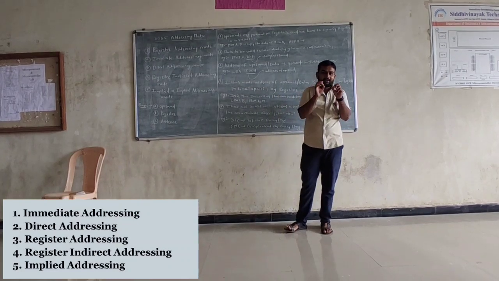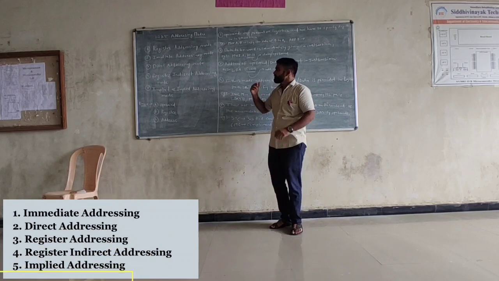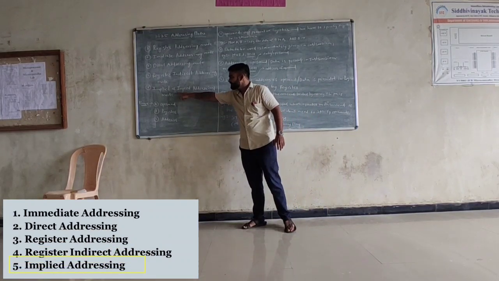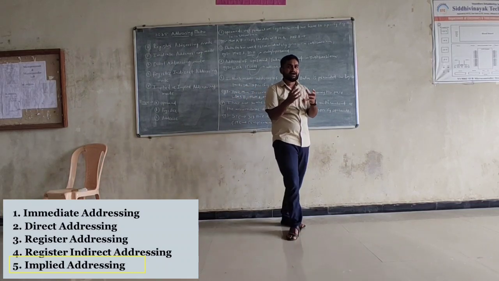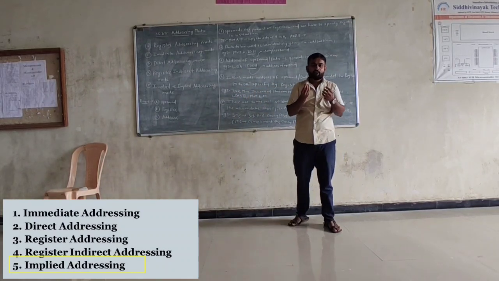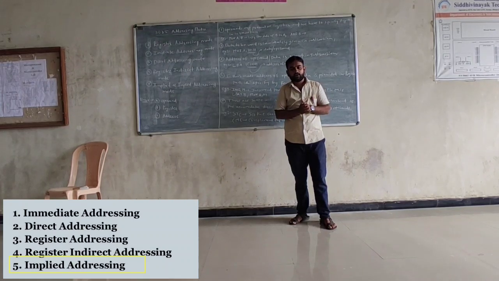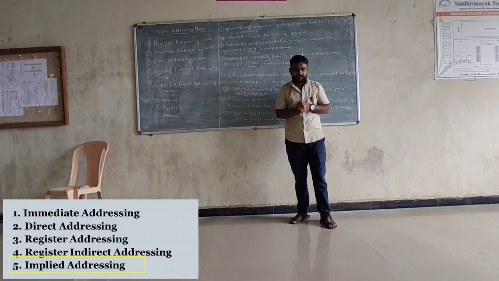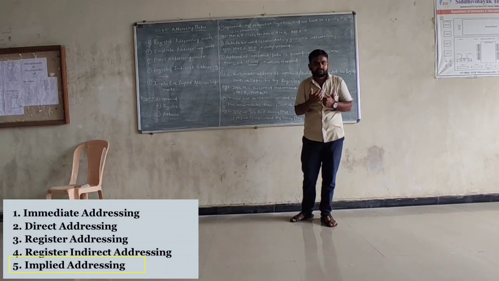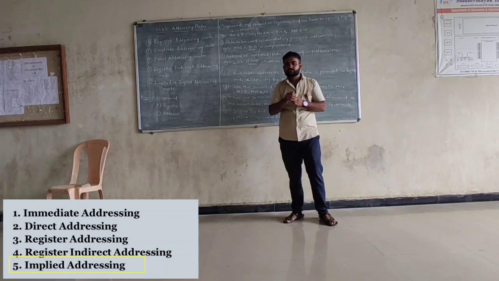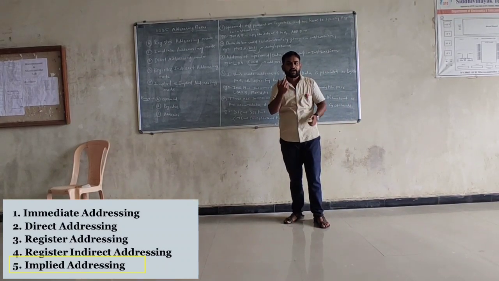Then a very important addressing mode in your 8085 is the implicit or implied addressing mode. Some instructions in 8085 don't need us to specify the operand. For example, we have the flag register. Inside the flag register, we have the carry. If carry is generated, you just have to provide the instruction, and you don't have to provide the operand there.